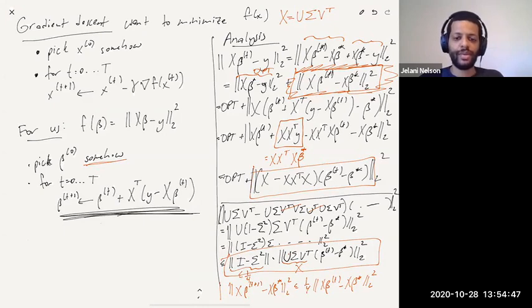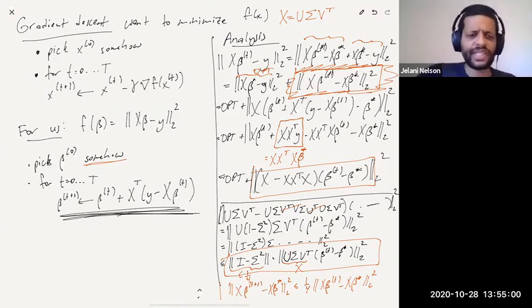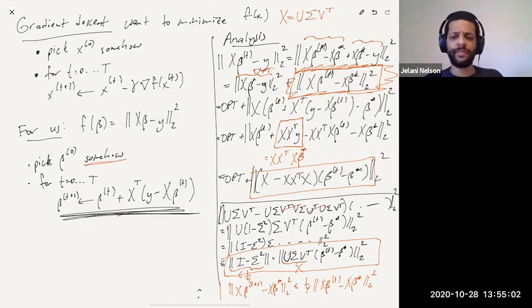Okay. Now I want to talk about, going back to your question, how do we know that all the singular values are close to 1? We don't. And that's what we're going to fix using sketching. Before we fix that, I want to say one thing.